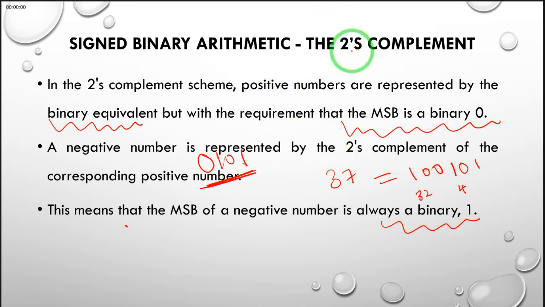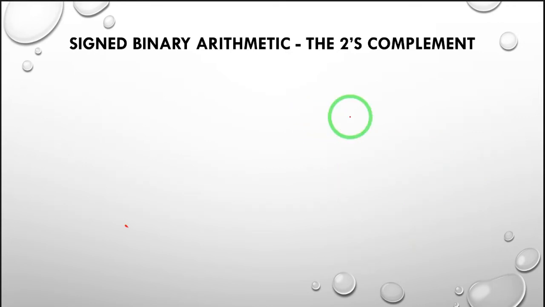Or if you are to do binary arithmetic using the 2's complement method, just leave the number as it is. All you need to do is make sure that the most significant bit is a 0. Therefore, if you are to represent negative 37, we just complement this number, and when you complement, the leftmost or most significant bit will become 1, and all the others are going to be complemented as we have followed the procedure. So we have an example here.